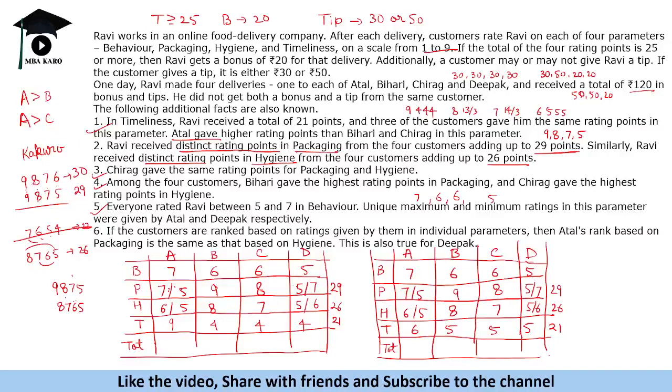Now what comes into the picture? The tip part comes into the picture. So let us first do one thing. Let us add all these values and see what totals we get. So we have 15, 15 plus 12 is 27. This is 14, 14 plus 11 is 25. This is 15 plus 13, 28 in this case.